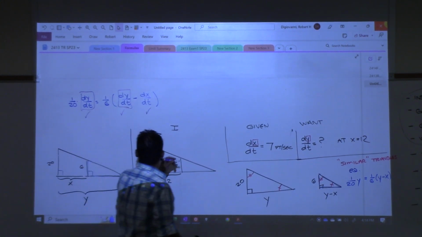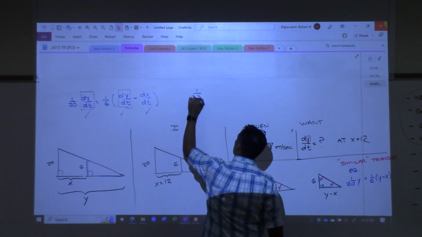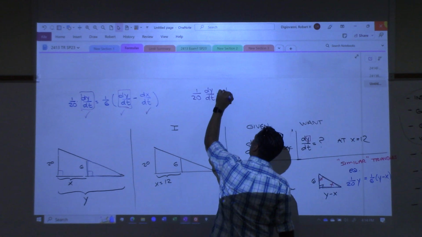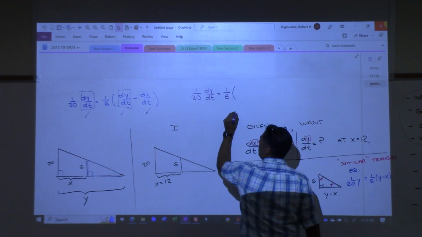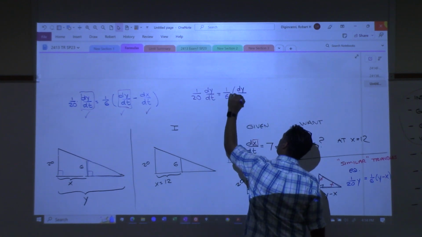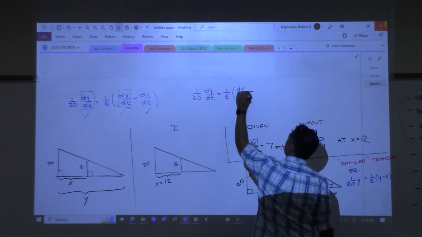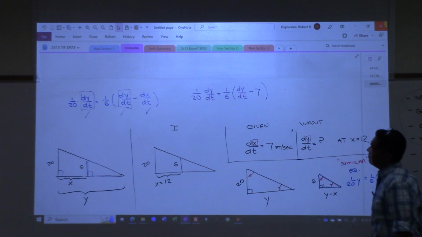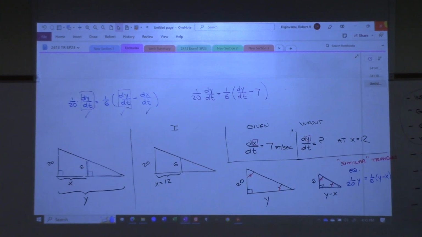So I have 1/20 dy dt equals 1/6 parentheses dy dt minus dx dt, which was 7, right? Unfortunately, I've got some work to do here. Can I get rid of those fractions? Is there a number I can multiply through to clear out all those fractions?